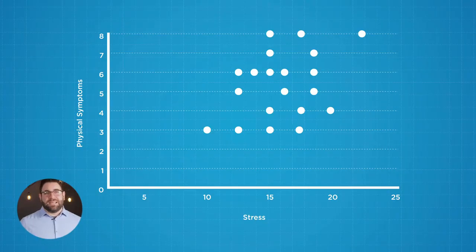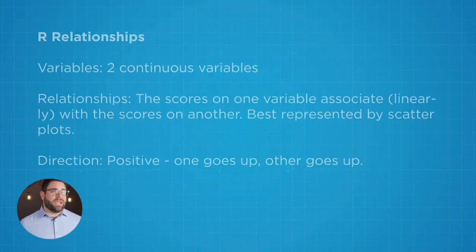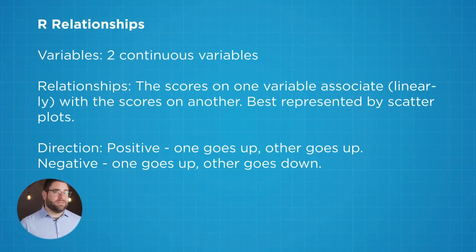This lets us know that there is a relationship between how stressed out someone is and how many physical symptoms they're going to start to experience. It's important that you know that when we're talking about Pearson's R, unlike Cohen's D or D relationships, we have to consider the direction of the relationship.